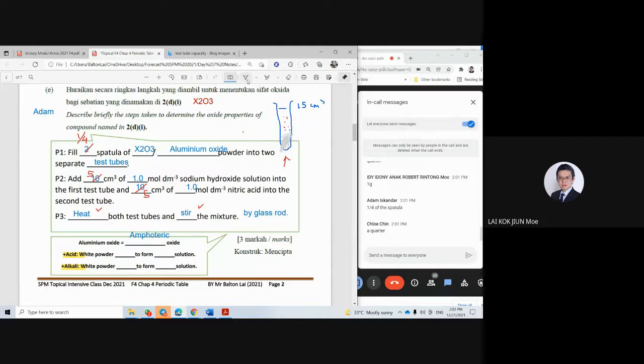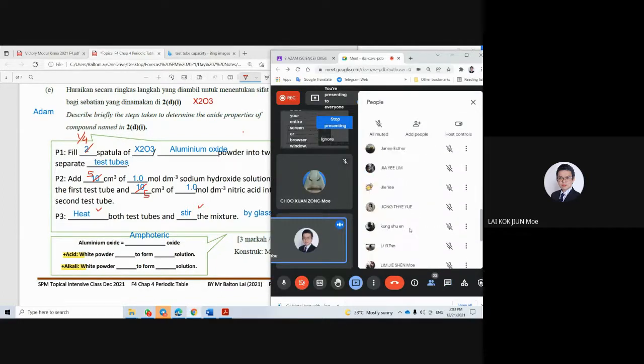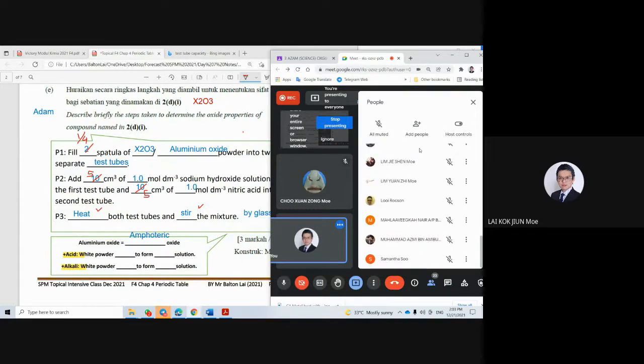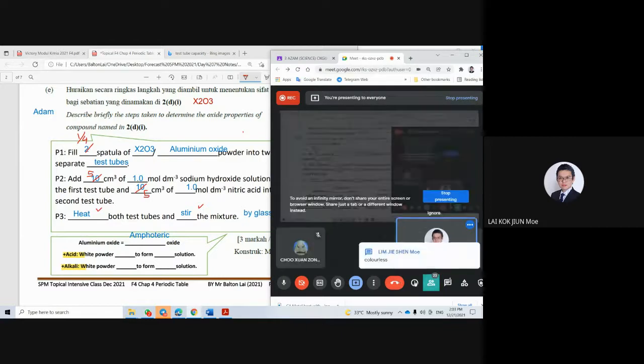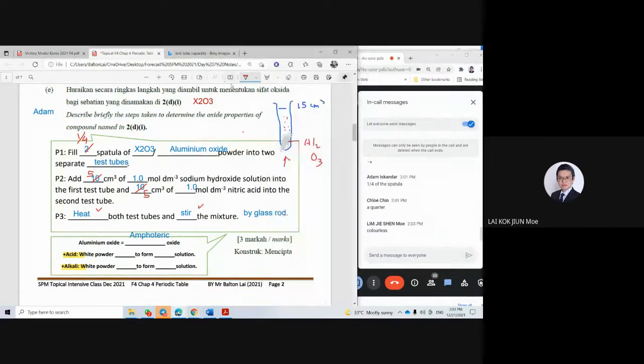This is the aluminum oxide. So what do you think the color will be? Anyone can help? Eden? Ivan, you can help your friends. It will become colorless, Jason. Very good, Jason. It will become colorless, and the white powder will dissolve.